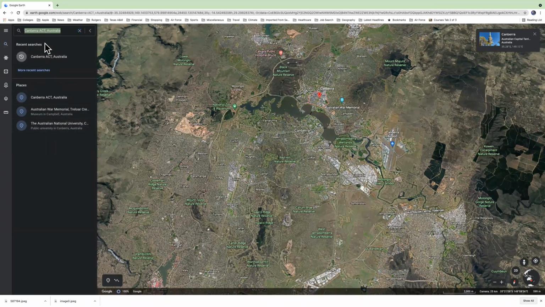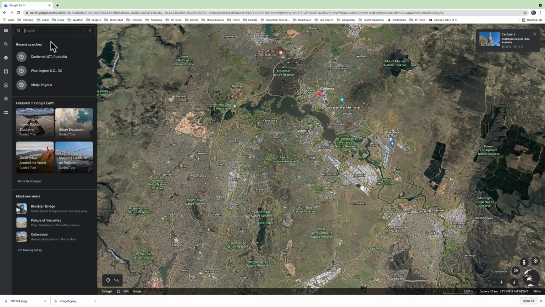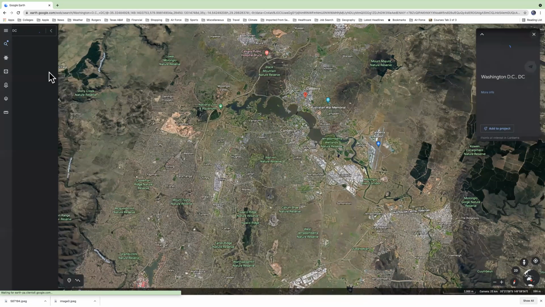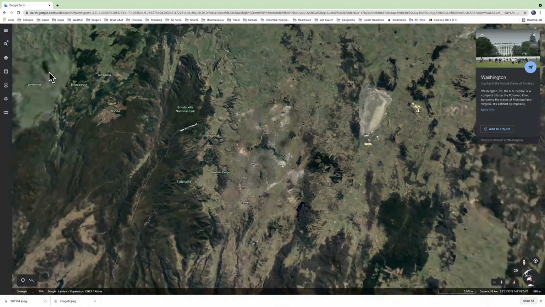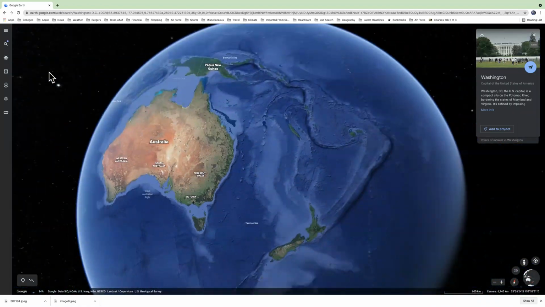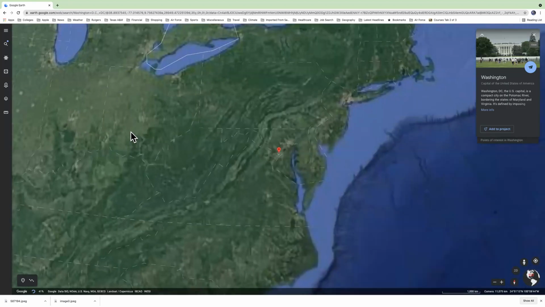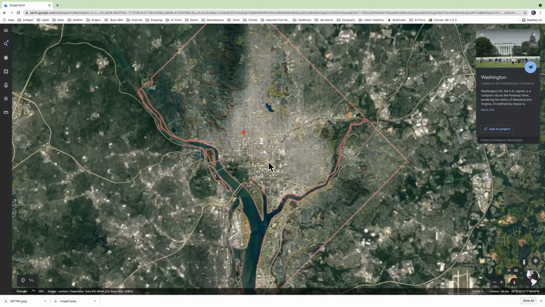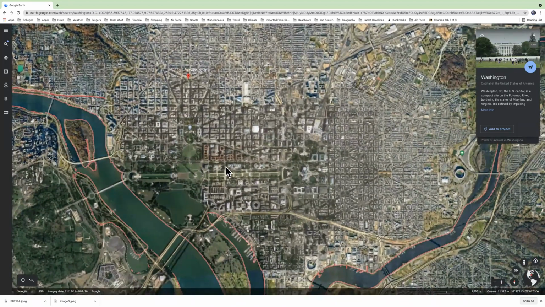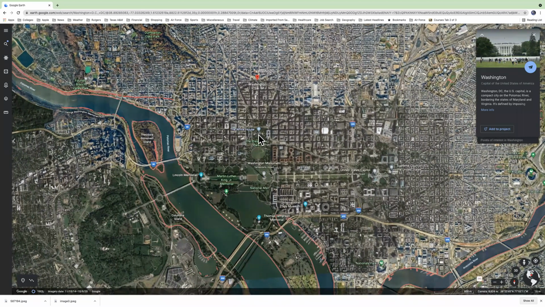Another one would be Washington, D.C., our very own capital. When you look at Washington, D.C., you see the executive branch, basically where the president lives. That's the executive. You have the judiciary, which is the Supreme Court, and you have the legislative, which is the United States Capitol.